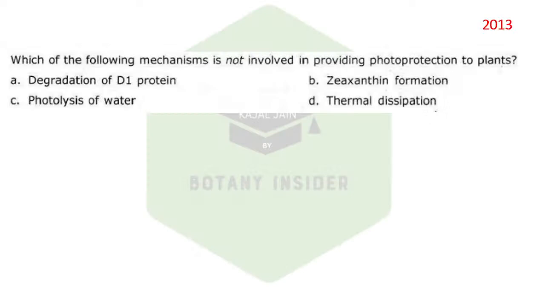Next question. Okay, let's see this one. Question is, which of the following mechanisms is not involved in providing photoprotection to the plants? There are various mechanisms via which, when there is very high intensity of light, like for example at this particular time during the summer, at the peak afternoon time when the heat intensity is highest, the plants need to be photoprotected.